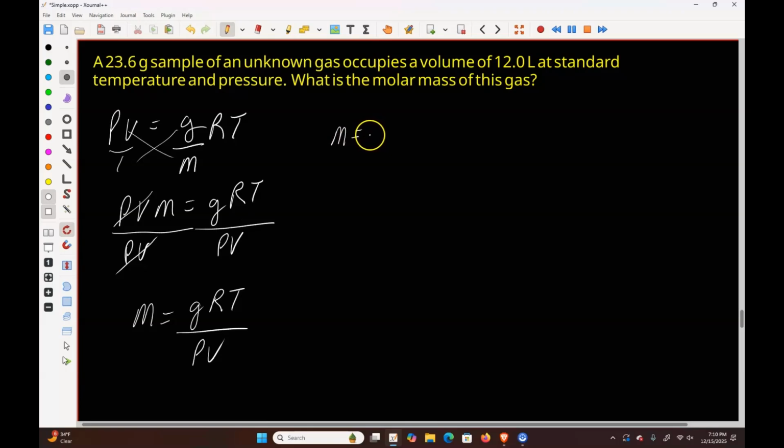So M is equal to, I have 23.6 grams times R. I'm going to be using atmospheres, so I'm going to go 0.0821. All right, the temperature is standard temperature, that's 273.